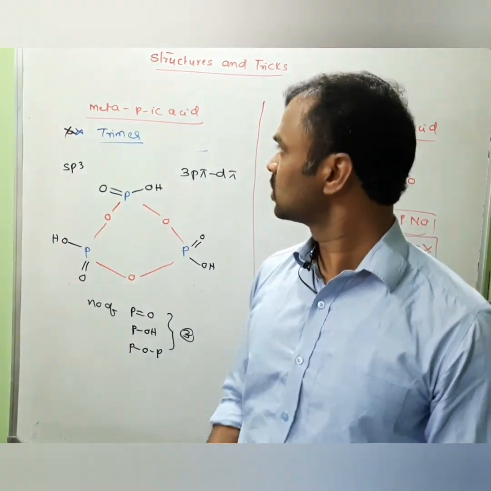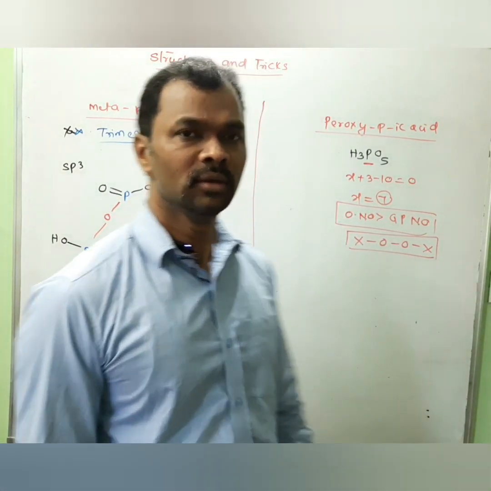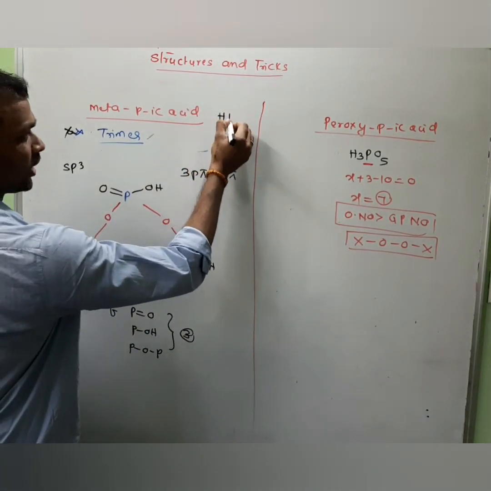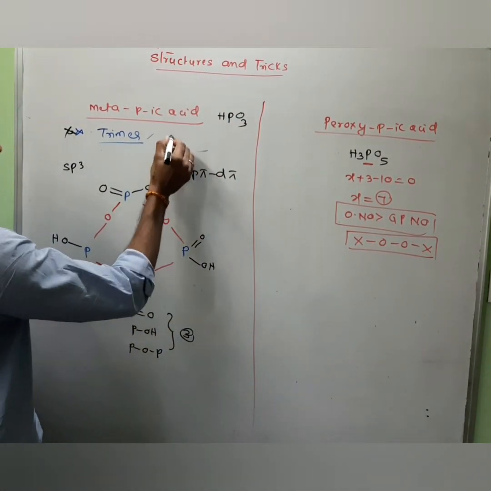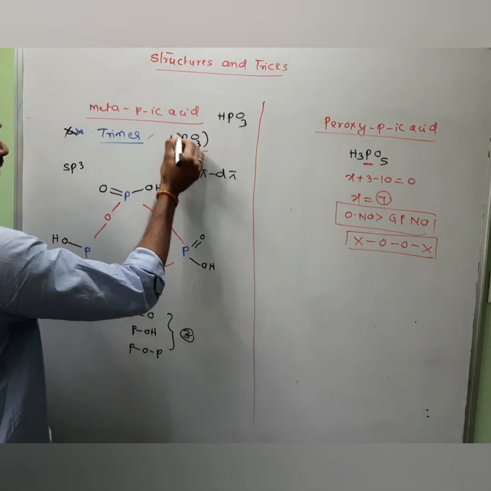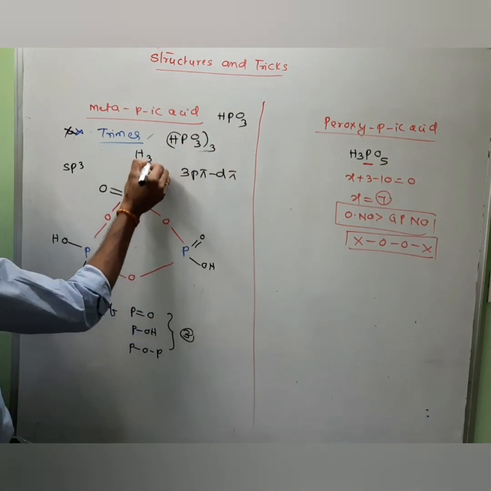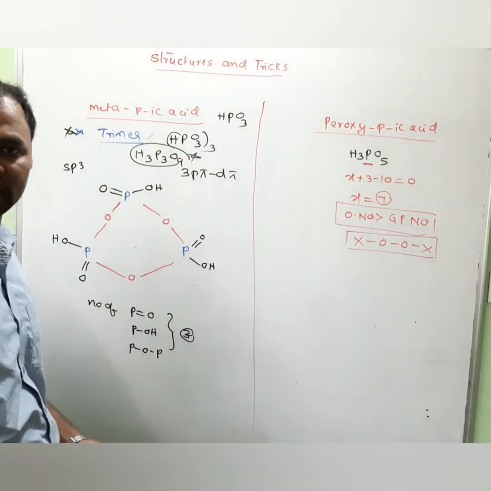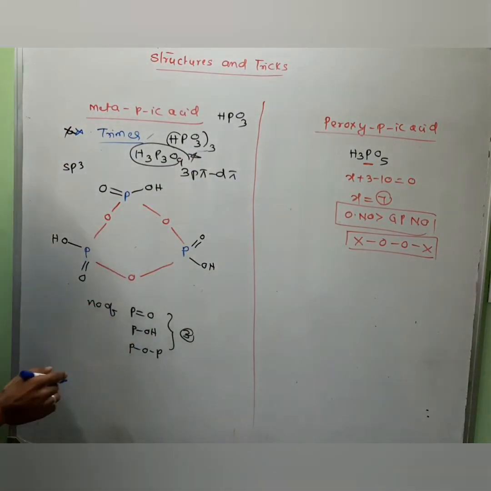The last one is metaphosphoric acid. Metaphosphoric acid is a trimer. The formula we know is HPO3. It forms a trimer, HPO3 taken thrice, which is nothing but H3P3O9. The trimer structure is very, very important. The structure looks like this.